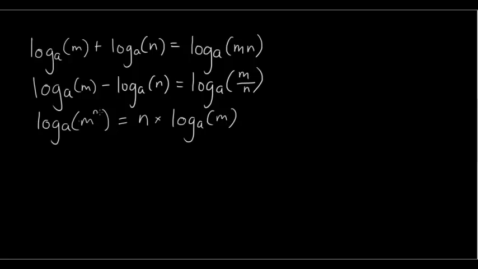This is actually the most important one. Okay, what it's saying is that when you have a log of a number with a power inside, so the base numeral contains a power, you can actually move this power to the front. Okay, so that's what's happened there. N is now at the front. So that's actually a very important rule.